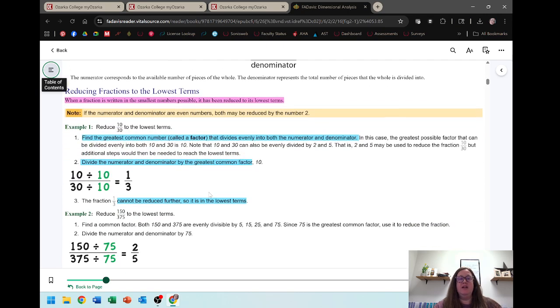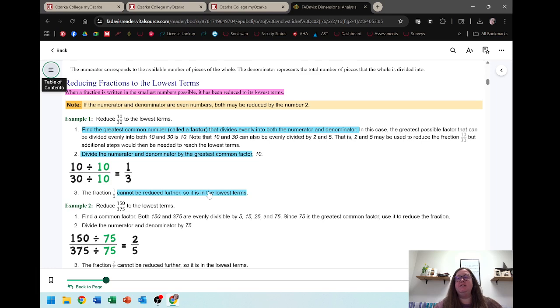The important thing to know about fractions: anytime that we provide an answer in fraction form, we must always put that fraction into lowest terms. We always reduce fractions to the lowest terms unless it specifically tells you otherwise.